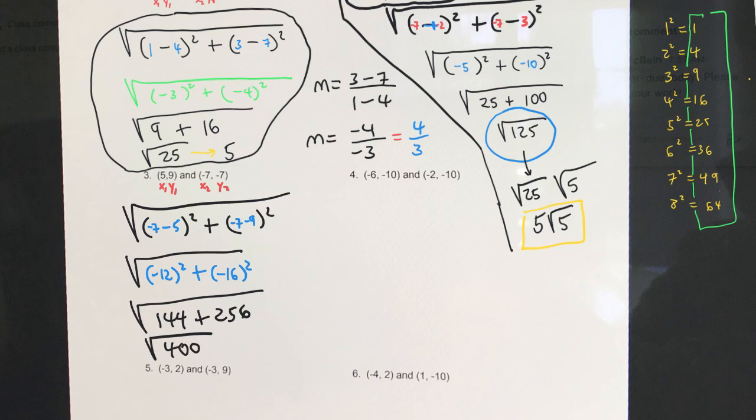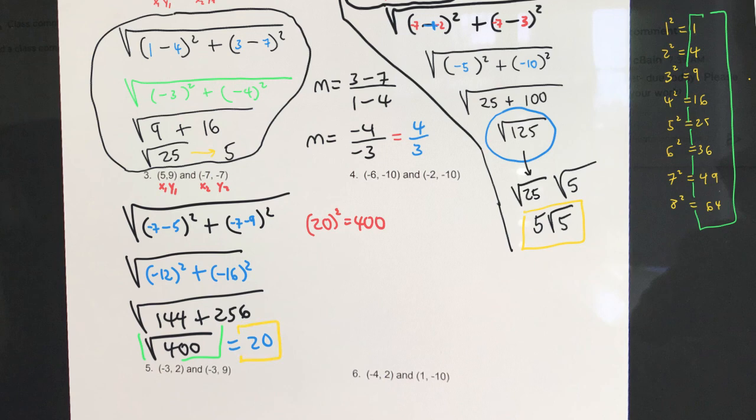Now, that is something that can also be simplified, because the truth of the matter is 400 is itself a perfect square, okay? So if you think about it, 20 squared gives you 400. So therefore, the square root of 400 is 20. Now let's say that wasn't so obvious.